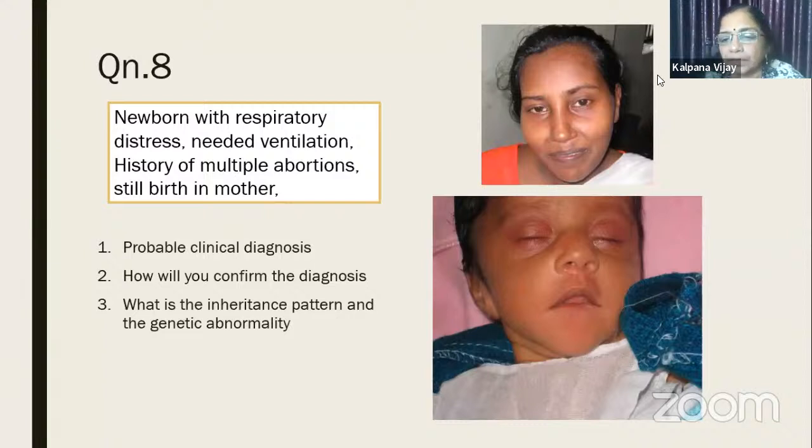You can do the percussion myotonia in the mother. In the child, you cannot get the percussion myotonia.